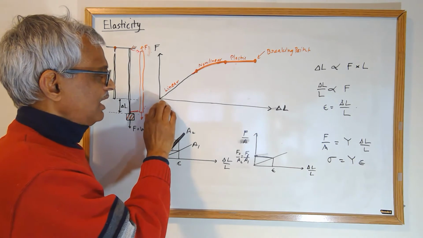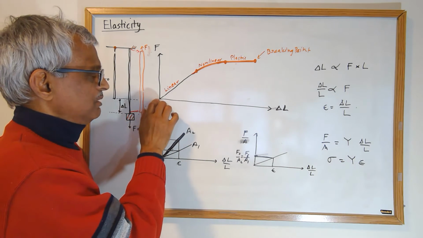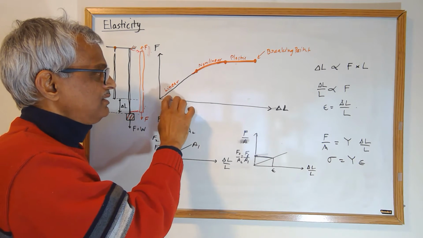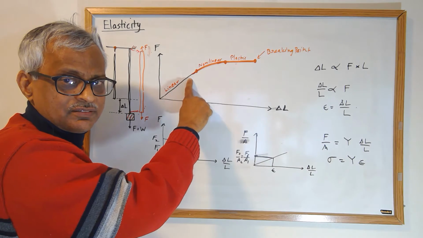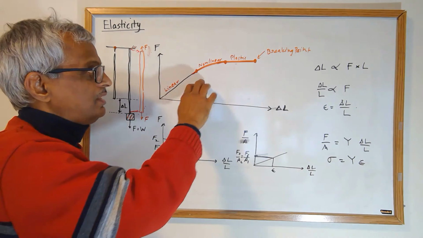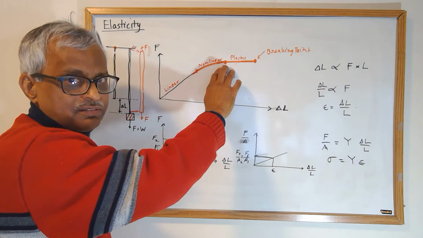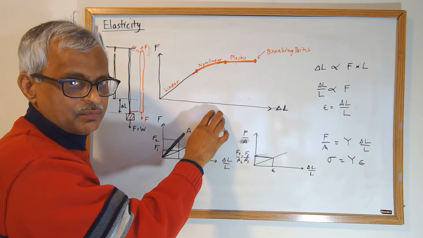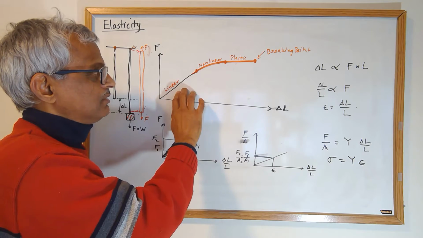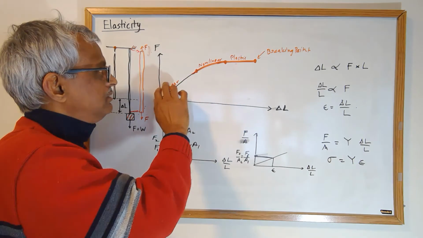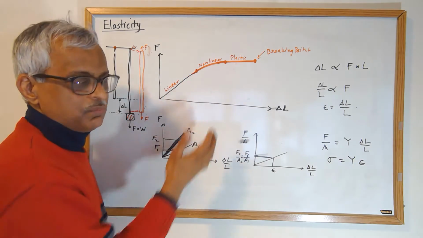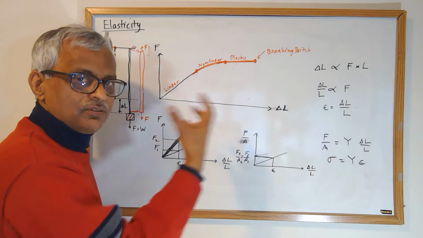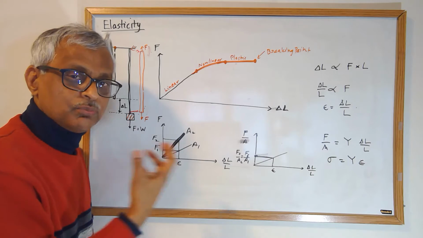As I put more and more force on the wire, initially it's kind of linear, and then it becomes non-linear. Meaning, if I put double the force, I get double the extension in the linear region. But here, I double the force, but I don't get double the stretch. Actually, I get much less stretch. Somehow it's got to the point where it's not responding as well.